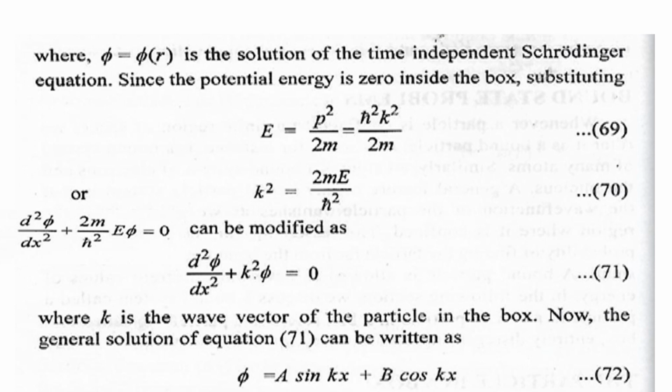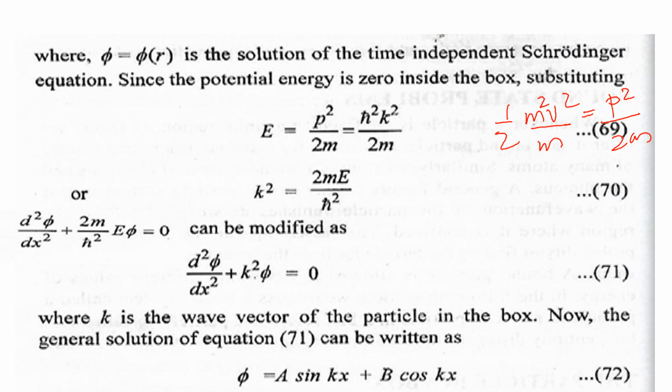Now here we know that the potential energy is 0 inside the box. So the energy is purely kinetic. What is the expression for kinetic energy? We can write the expression for energy as half m v square. Dividing by m and multiplying by m, this becomes m square v square by m, or we can write it as p square divided by 2m.